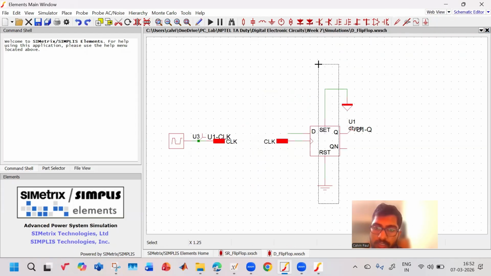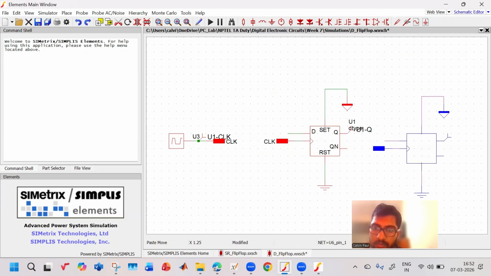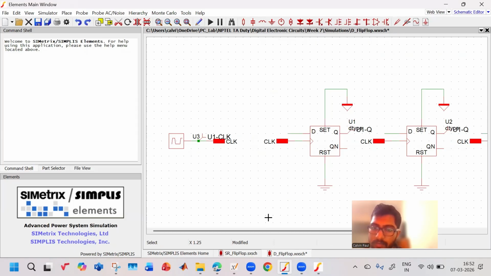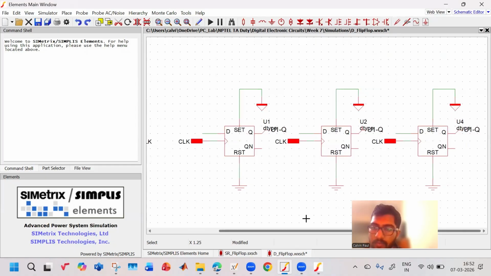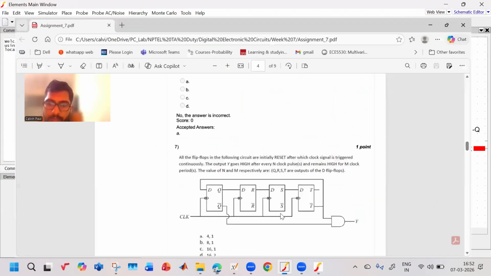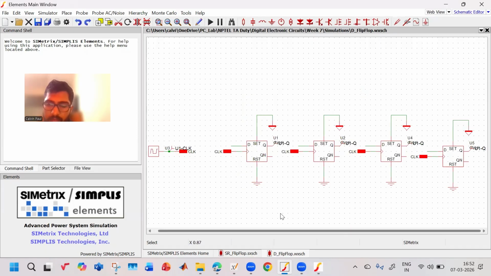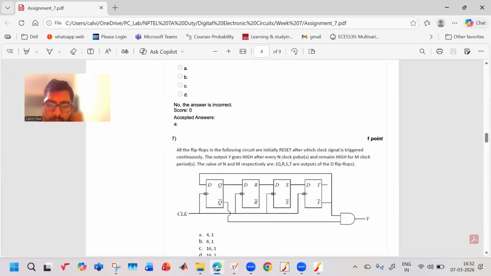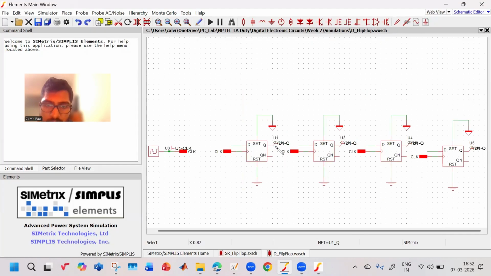We have to duplicate this circuit. Here we had one more like this, further over here, and further over here. So 4 D flip-flops were needed. Now what do we have? This is going directly.